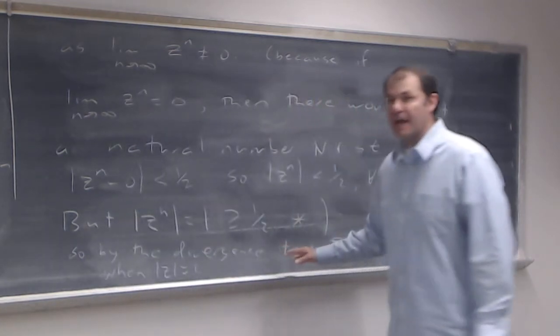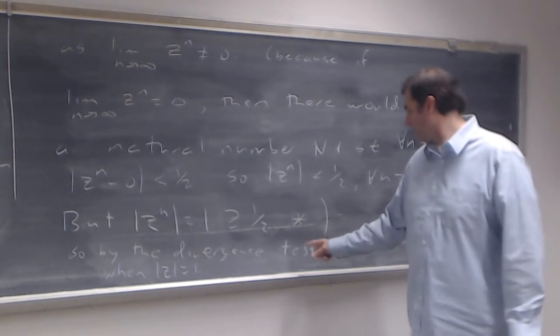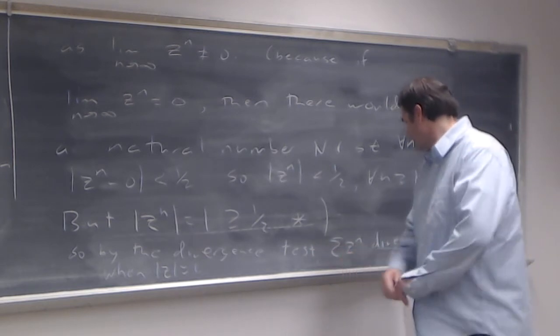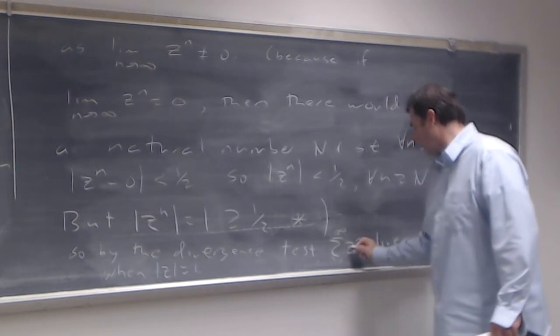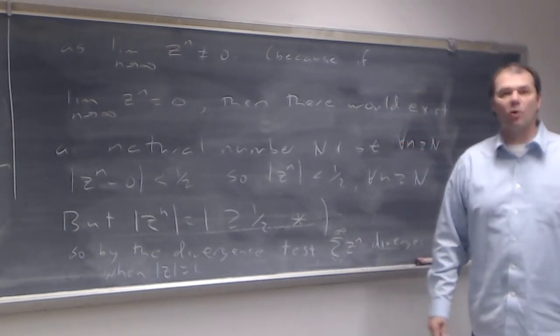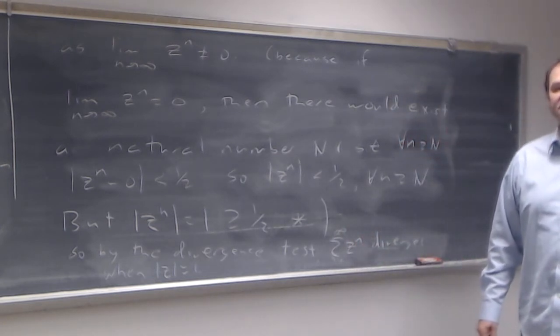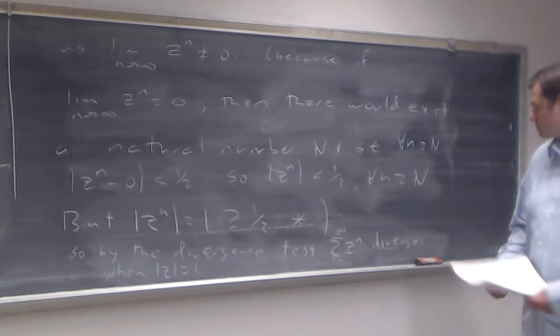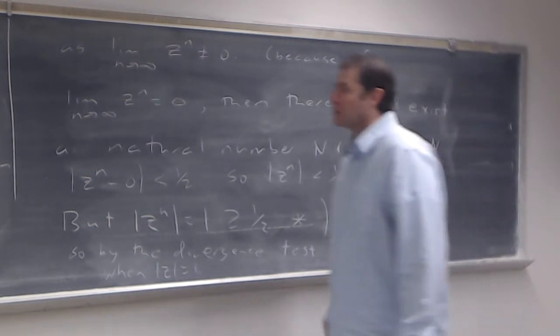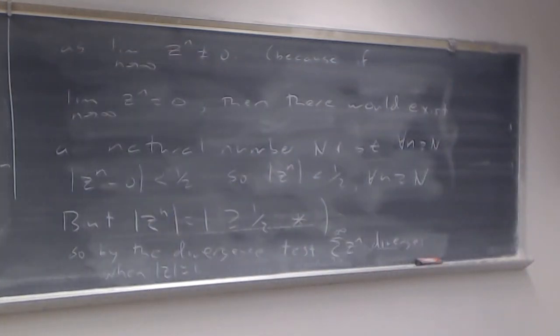So that's an example, this particular type of series, the sum as n runs from 0 to infinity. This particular power series is an example where we don't know what happens exactly at the radius of convergence. It might diverge.